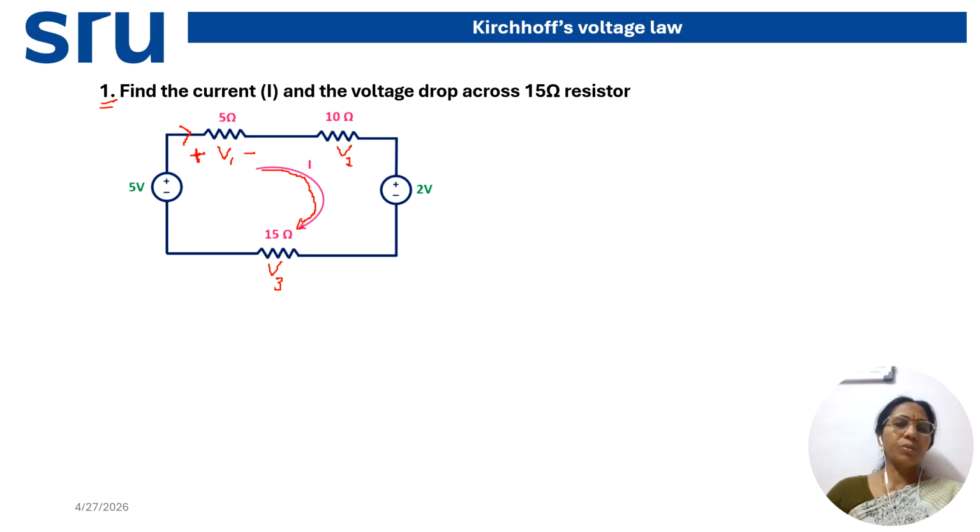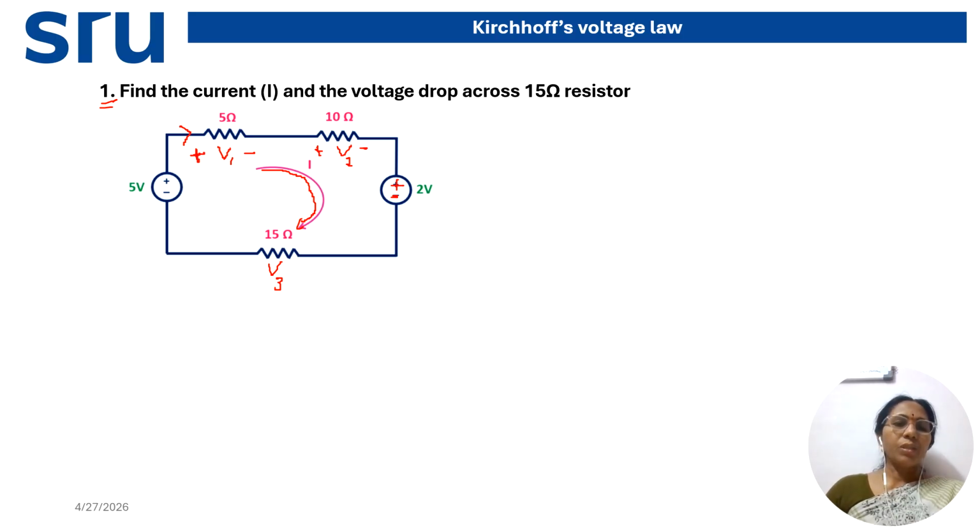Here also the direction of current is like this, so you have to take the polarity across this element as plus and minus. Now the voltage source already exists with polarity plus minus, so we should not take our own polarity directions.